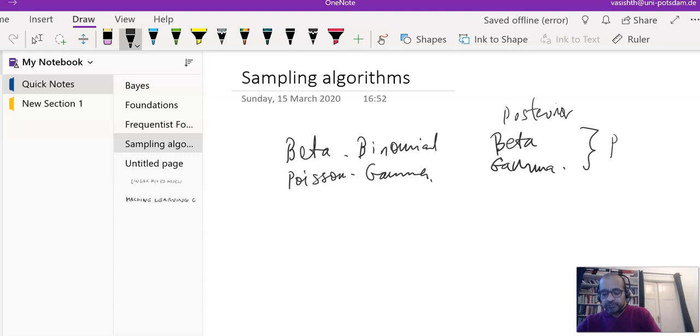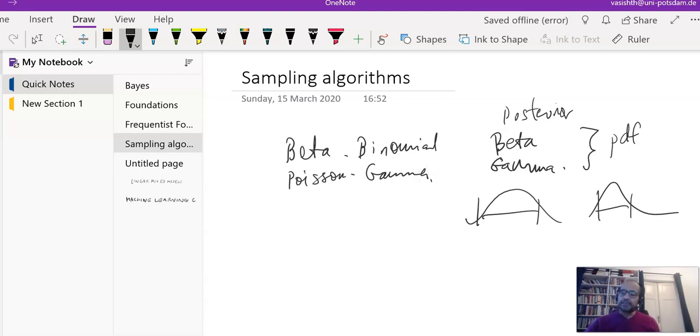What that means is that because we have an analytical form for the PDF of the posterior distribution, we can easily summarize it graphically, right? We could draw the shape of the distribution, and we can describe the uncertainty of these estimates with, for example, a 95% credible interval. So that's how we can summarize the properties of the posterior distribution, because we have the closed form PDF.